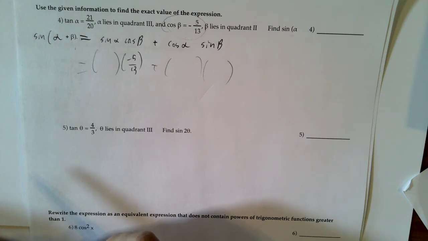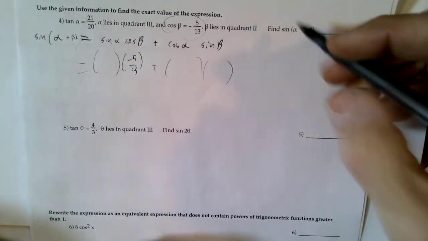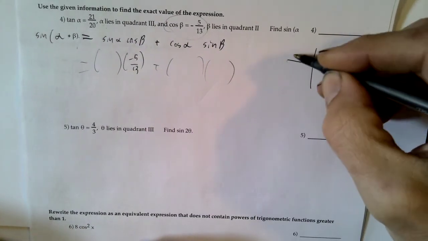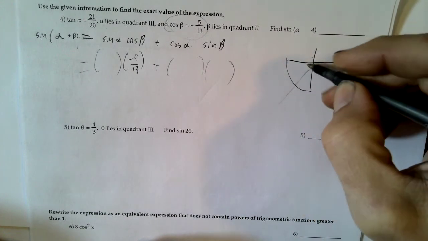The unit circle way of thinking of it is kind of nice. Theta lies in quadrant 3. We're over here. The slope is 21 over 20.